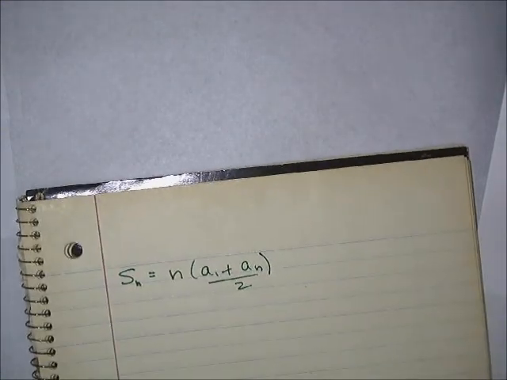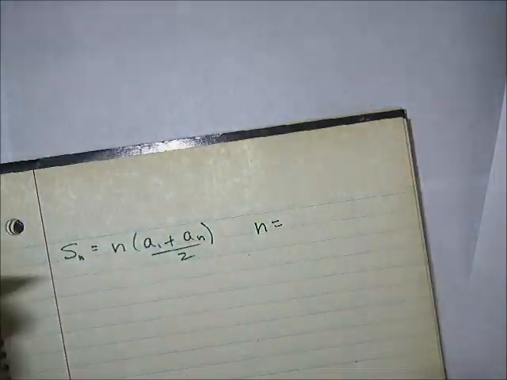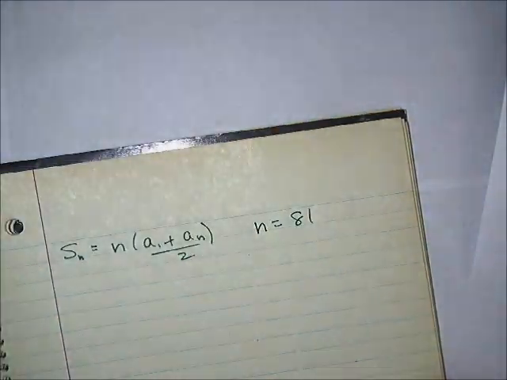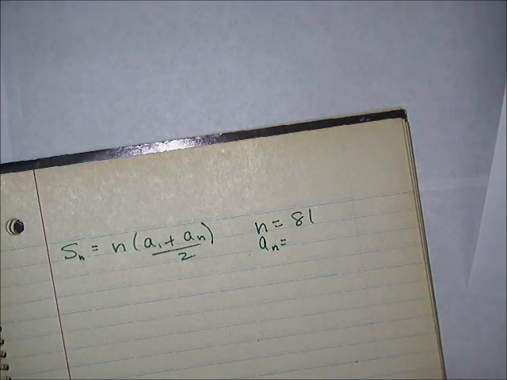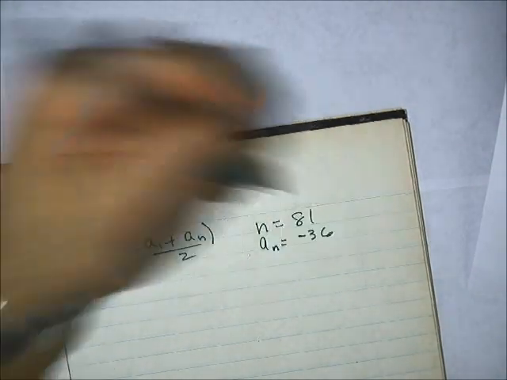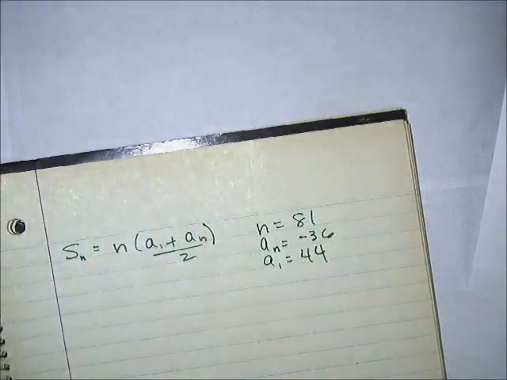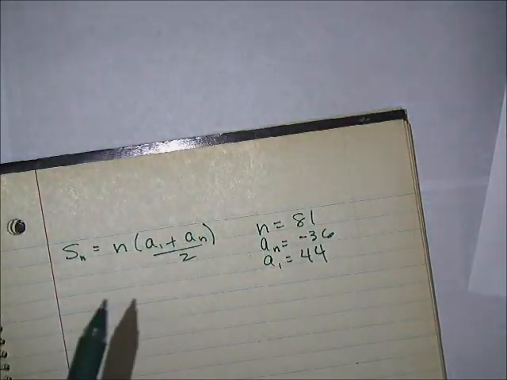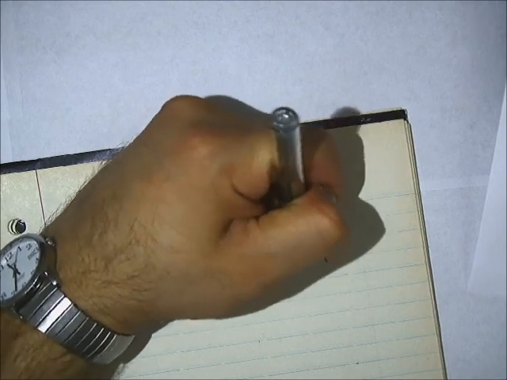That's it. Fabulous. So, in our case, what is N equal to? 81. What is A sub N equal to? Negative 36. And what is A sub 1 equal to? 24.